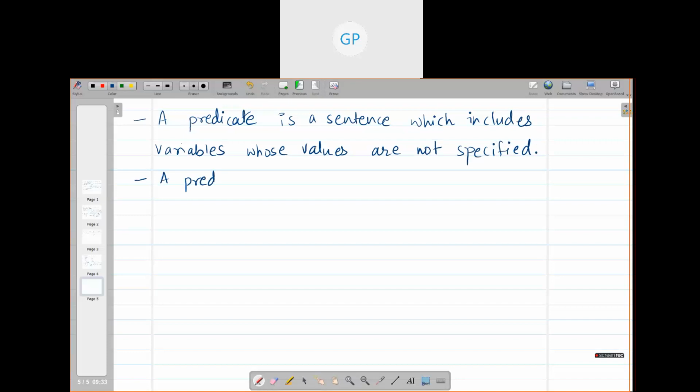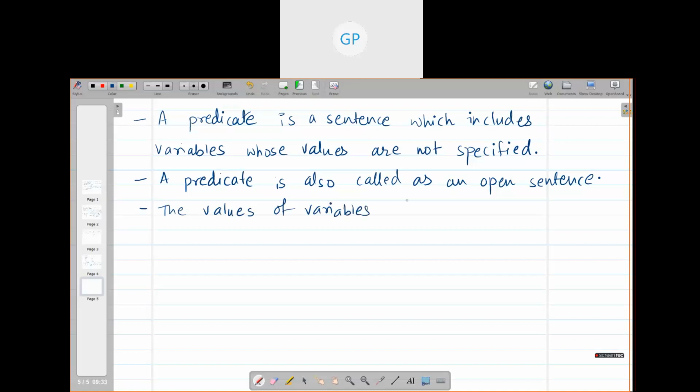A predicate is also called an open sentence. The values of the variables make the predicate either true or false.